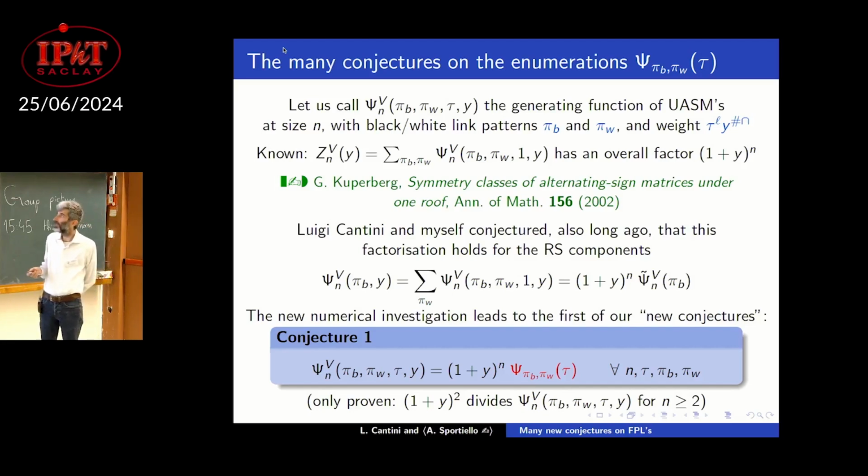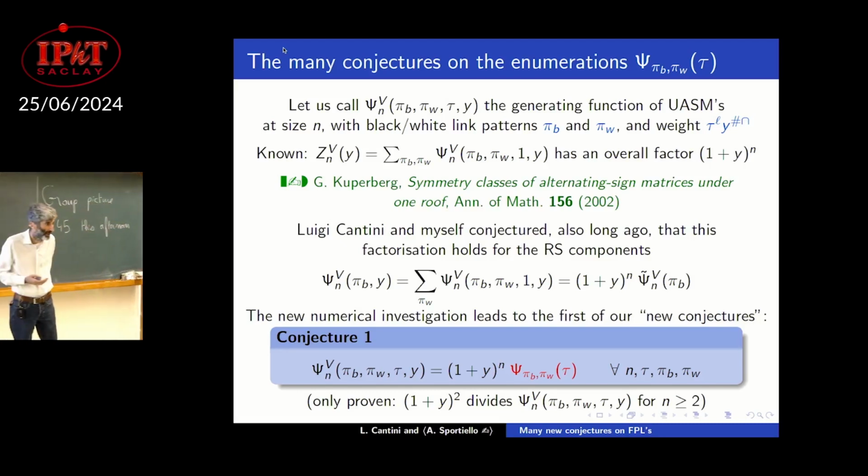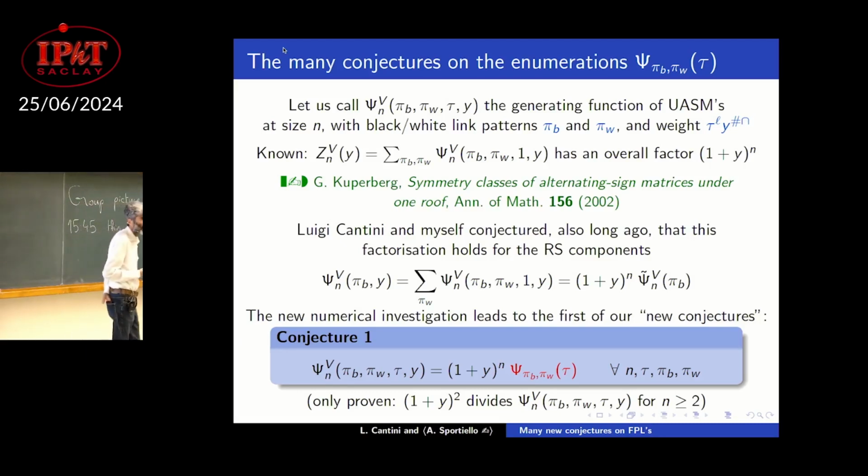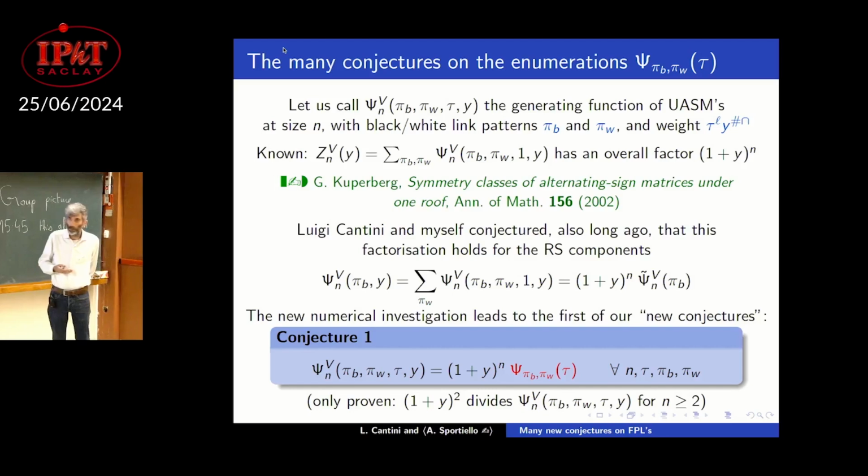Which is crazy because even just the fact for tau equal 1, which is not counting loops, summing over pi with weight y, even that is a conjecture by Cantini and myself, unpublished like many others, but it's still conjectural, and it's weird.